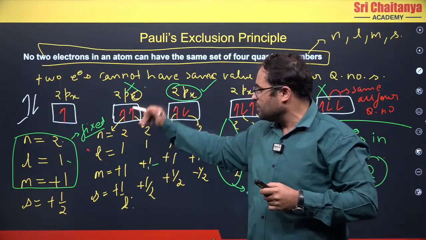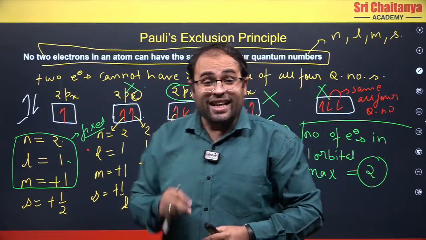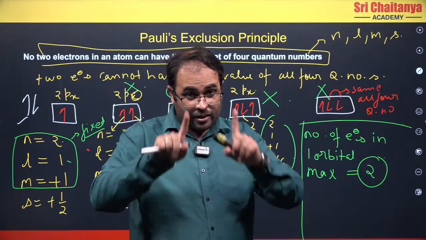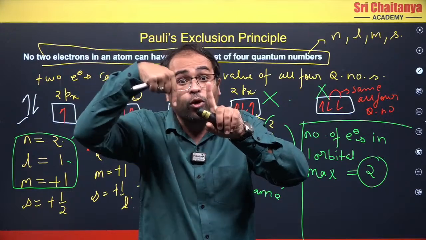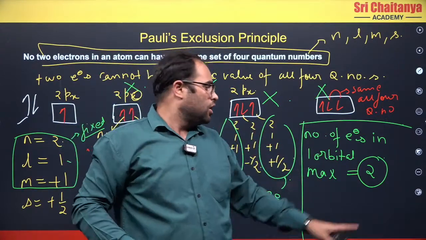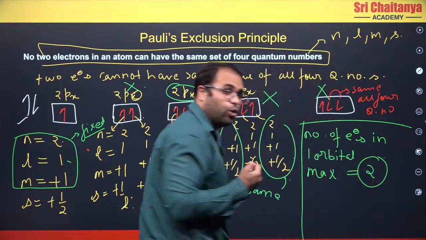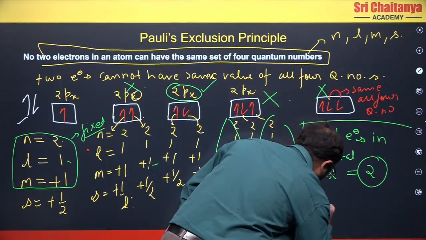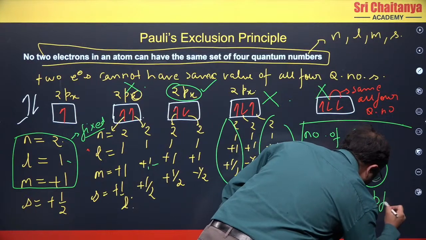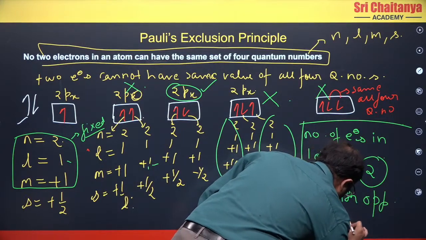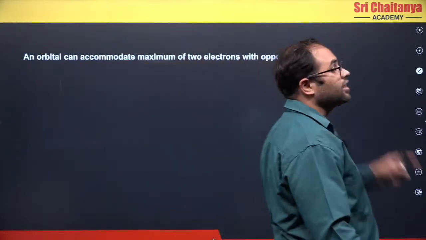This is also not possible, and both down is also not possible. So an orbital can contain 2 electrons, yes, but not pointing in the same direction. They have to point in opposite directions. So the number of electrons in one orbital is a maximum of 2, but with opposite spins.